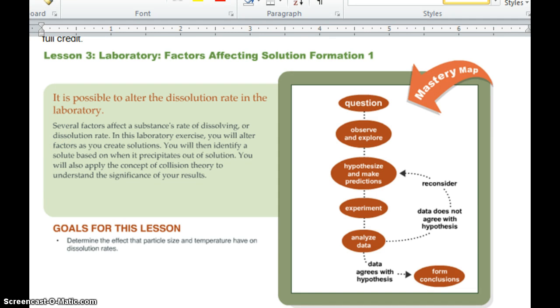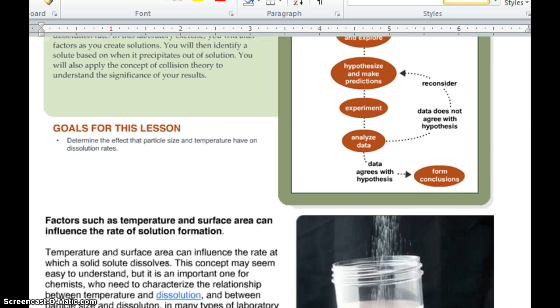You will then identify a solute based on when it precipitates out of a solution. So in other words, we're going to tell what was dissolved based on when it becomes a chunky solid again. You will also apply the concept of collision theory to understand the significance of your results. So the goal: determine the effect that particle size and temperature have on dissolution rates.